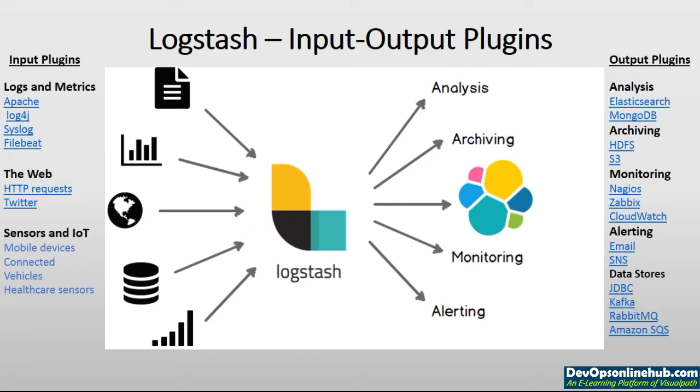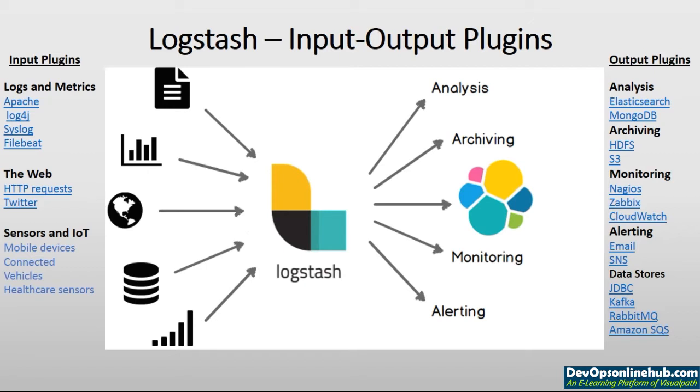The second category is the web. So the other kind of input plugins are web based. When the input is taken from the web, it can contain the input plugins of Twitter, HTTP requests, and not only the web based, but it can accept the inputs from the sensors as well as the IoT devices.